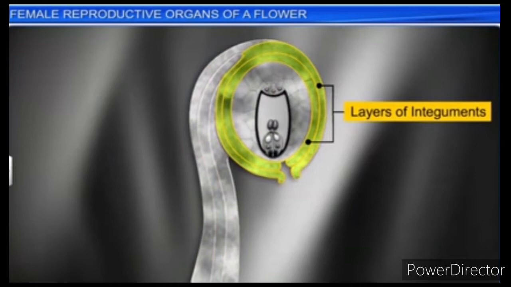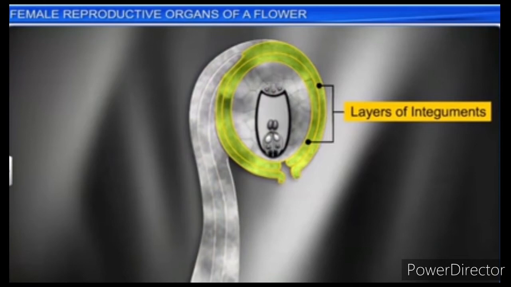Later it becomes the seed coat. The coverings are called the outer integument and the inner integument. They give protection to the seed.